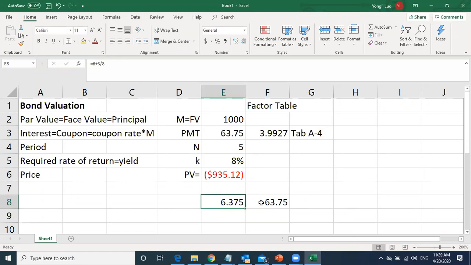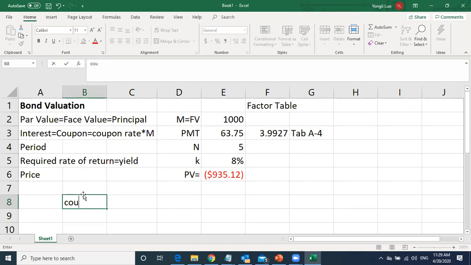Thank you. And yes, very good question. Because in the future, most of the time they won't tell you the payment. They just give you the coupon rate. A lot of students get confused between coupon rate and interest rate.